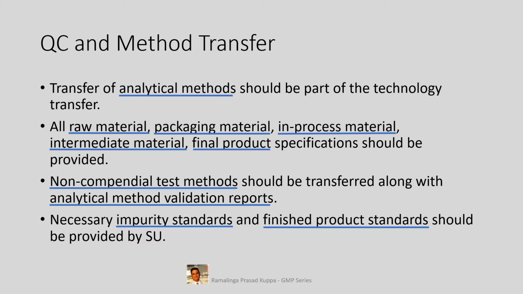The certificate of analysis and its validity should be mentioned on the certificate of analysis. Validated analytical methods for establishing the residues of wash water also should be provided by SU. The RU should review all these methods and confirm suitability for routine use.